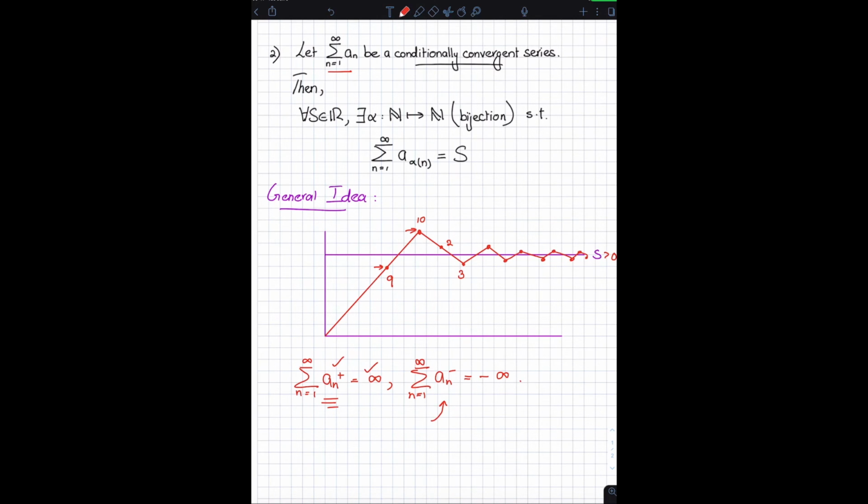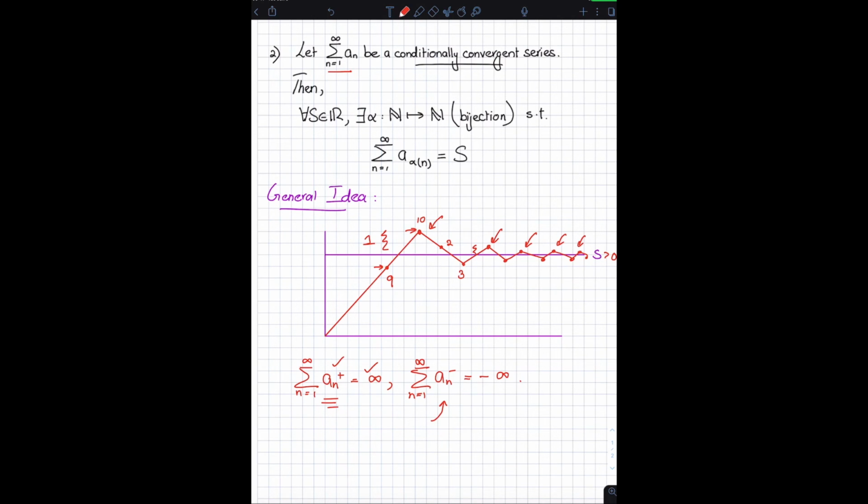But each time I exceed s, for example, I'm exceeding s over here, I'm exceeding s over here, I'm exceeding s over here, and so on, I'm exceeding s by something that is smaller than the previous one. So let's say that over here I exceeded s by 1.